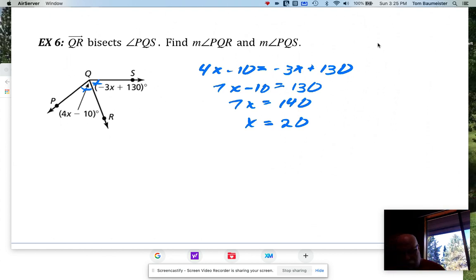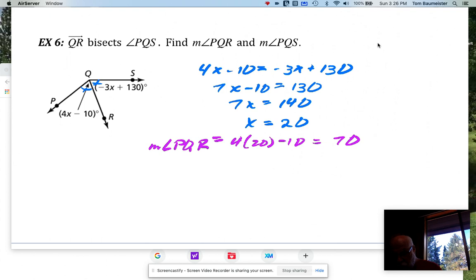So we can start with the measure of PQR. And we know it's going to be 4 times 20, right? Minus 10. So 4 times 20 minus 10, that'll equal 70.